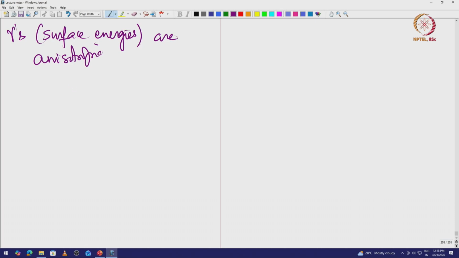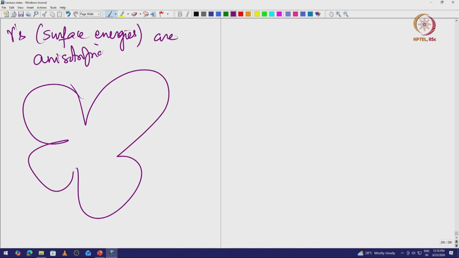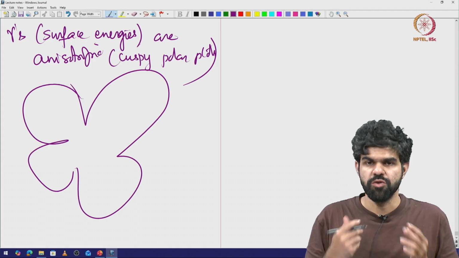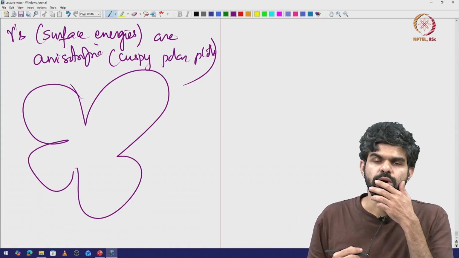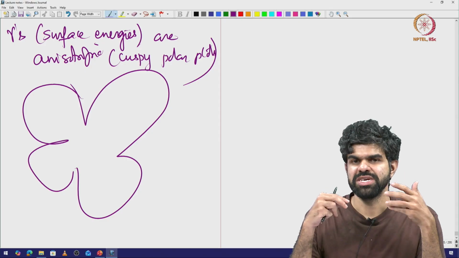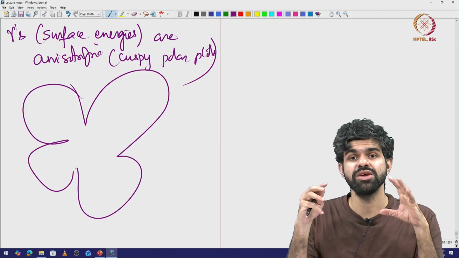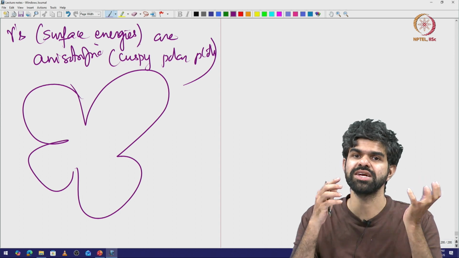The polar plots are very cuspy polar plots, and the shape of the crystal is given by Wulff construction. And this is the equilibrium shape. So if I'm doing crystallization in thermodynamically almost quasi-static conditions, then I get these equilibrium shapes.